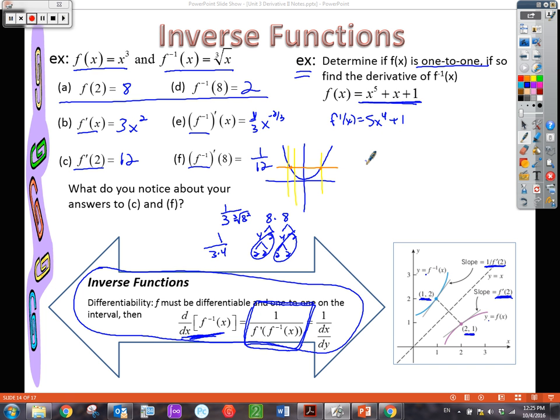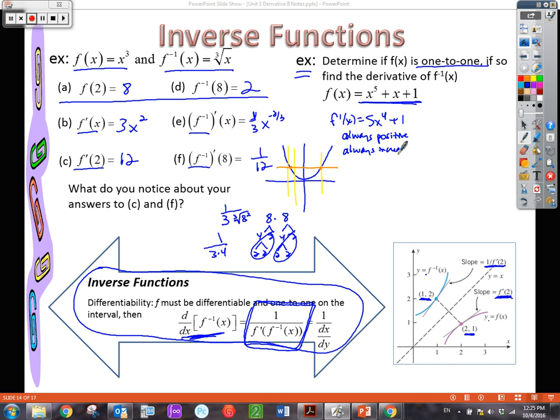It's always positive. So let's think about what that means. That means that all the tangent lines have a positive slope. Right? All of them do. All the tangent lines have a positive slope. And that means that it's always increasing, right? All of them have a positive slope. So it's always increasing.